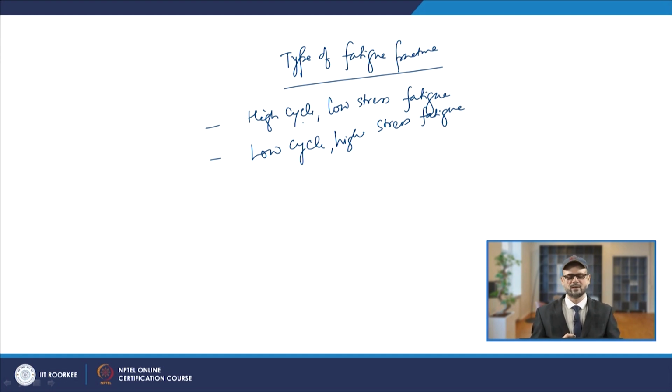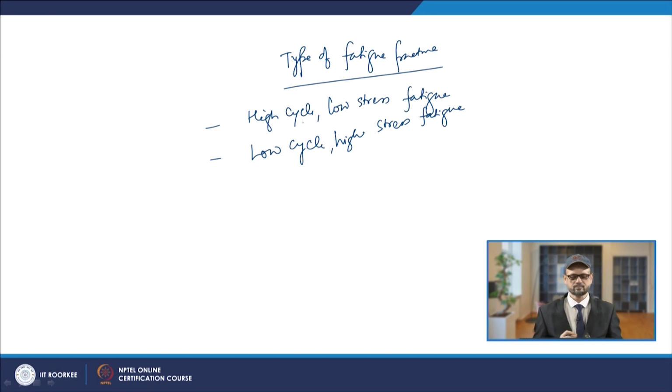In this case it will be less than 10 raised to power 5 cycles, and here it will go for more than a million cycles, more than 10 raised to power 6 cycles. So, based on the number of cycles it is subjected to, you have the high cycle as well as the low cycle type of fatigue fracture.